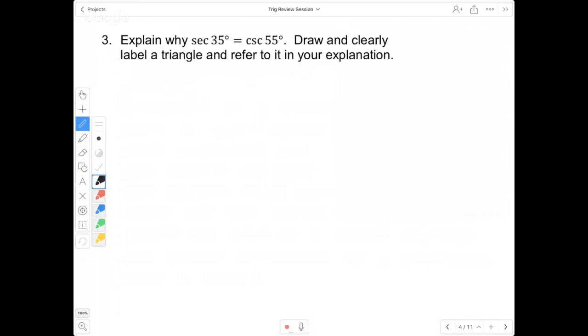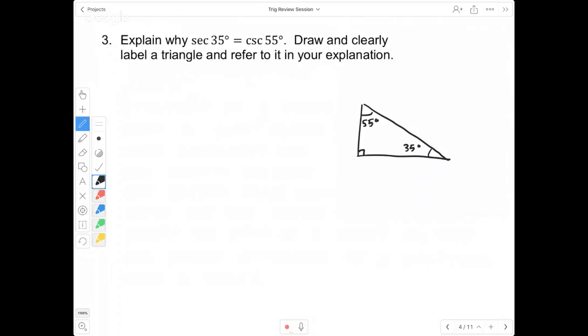Number 3, explain why the secant of 35 is equal to the cosecant of 55. Draw and clearly label a triangle and refer to it in your explanation. So I'm going to use a right triangle. Here's the 90 degrees, here's 55 degrees, here's 35 degrees.